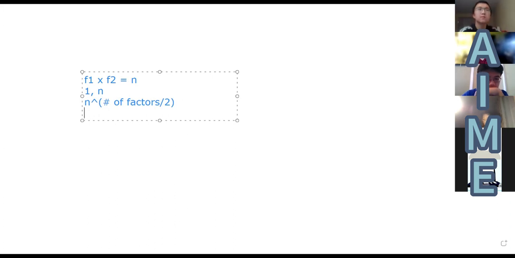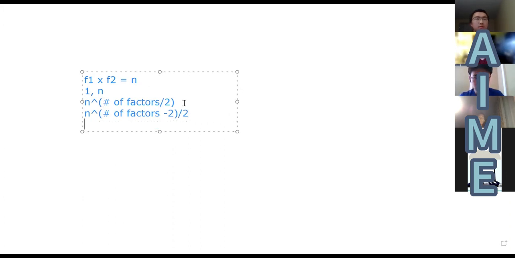But since 1 and n are not proper divisors of n, that means 1 and n cannot be counted in the total, which would mean that the total product for all the proper divisors is equal to n to the number of factors minus 2 over 2. And for this to be equal to n, as the problem states, the number of factors must be 4.